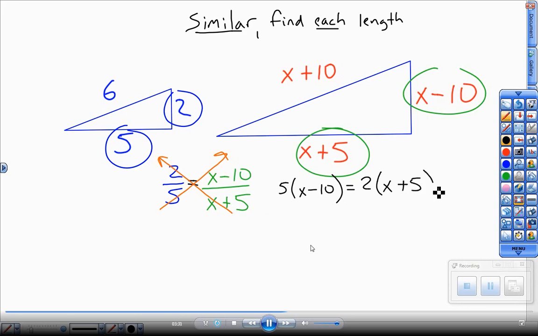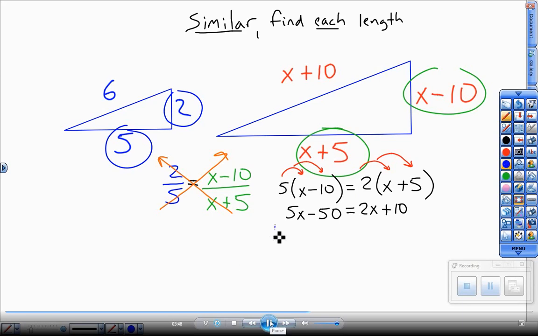I will have to double distribute. 5 times x, 5 times negative 10, 2 times x, 2 times 5. 5 times x gives me 5x, 5 times negative 10, negative 50. 2 times x, 2x, 2 times 5, 10. Double distribute, taking that 5 times both, taking that 2 times both terms inside there.